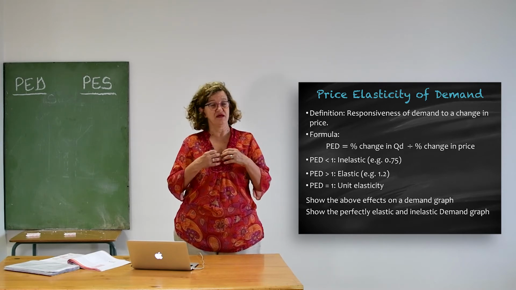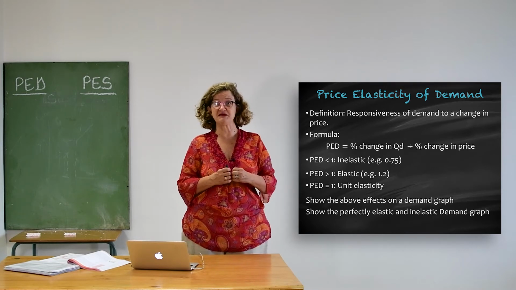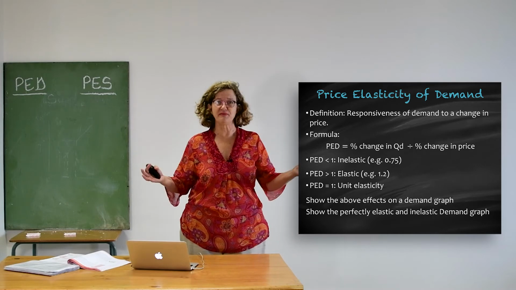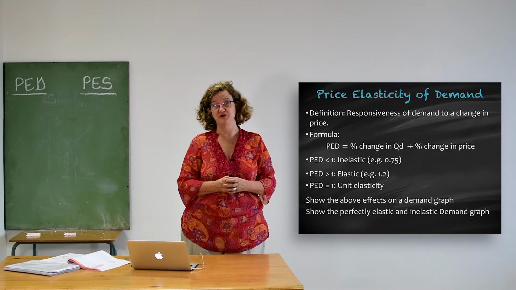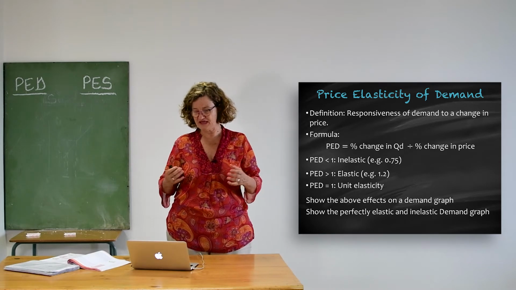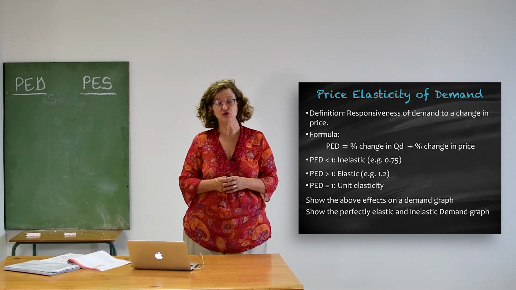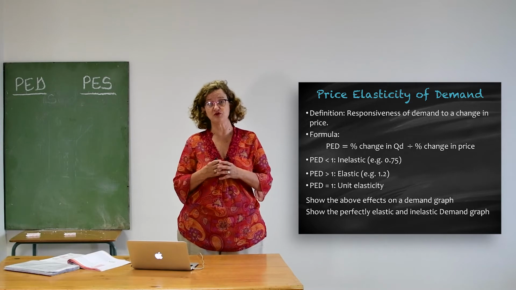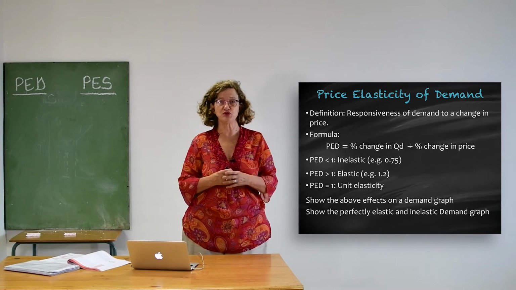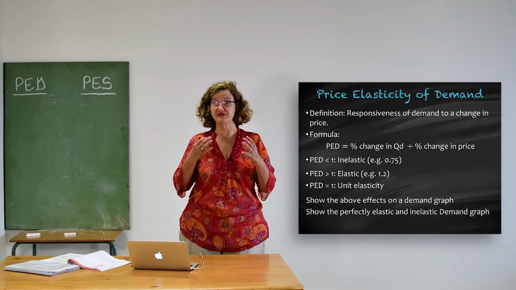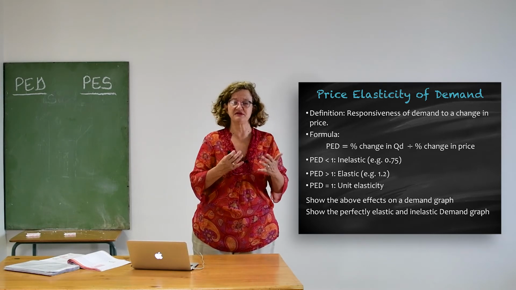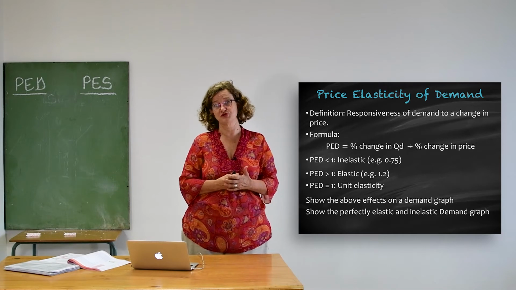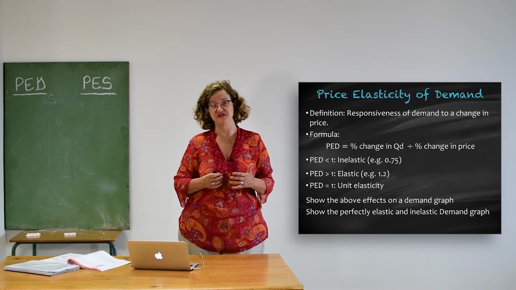It means if your price changes by 10%, your demand will change by more than that, say 15%. So very elastic. And if your answer is equal to 1, we call it unit elasticity. What that means is, if the price changes by 10%, the demand will also change by 10%.